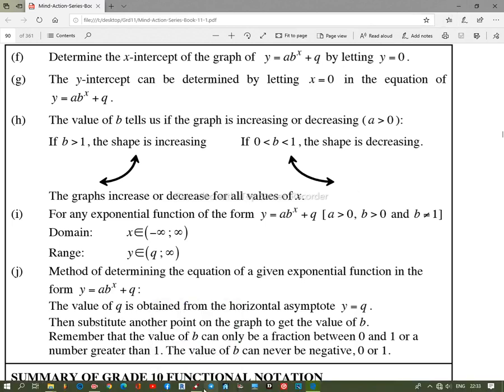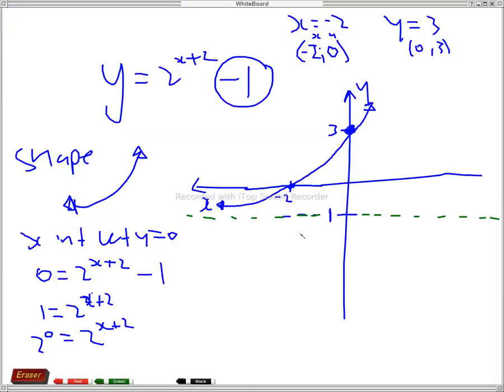So this is it, guys, for functions. As long as you know how to sketch, it's going to be easy for you to determine everything when you're given a sketch. You will see it on our next video, I mean.